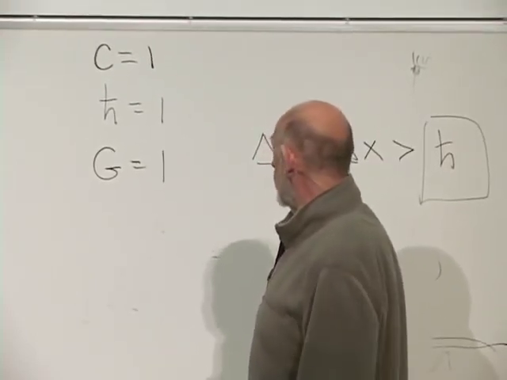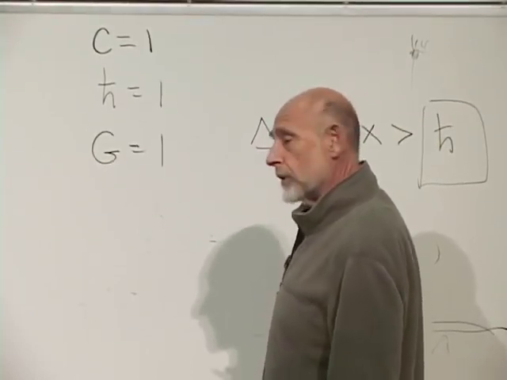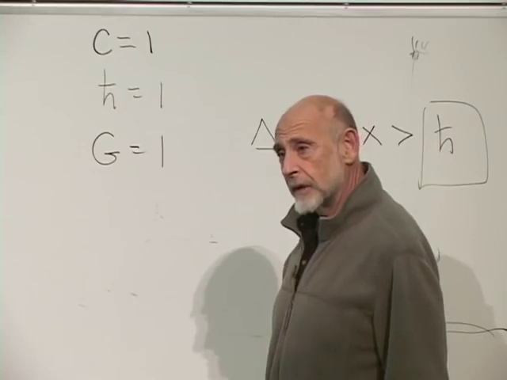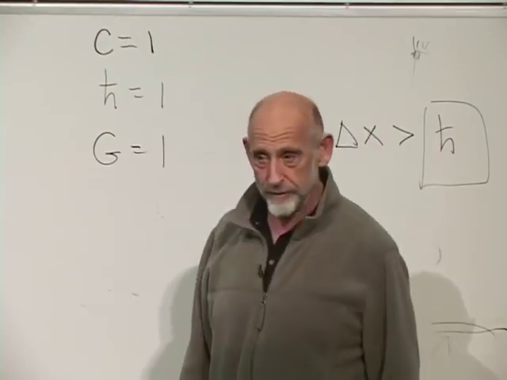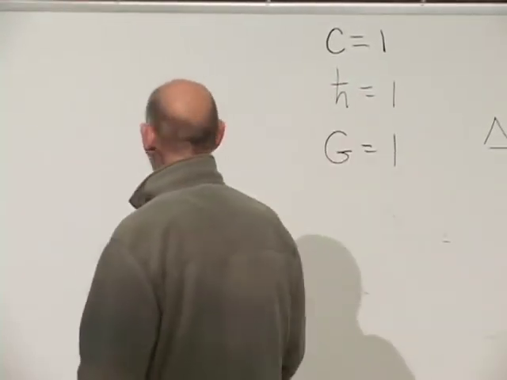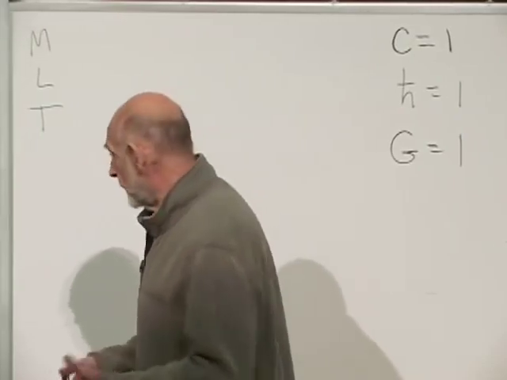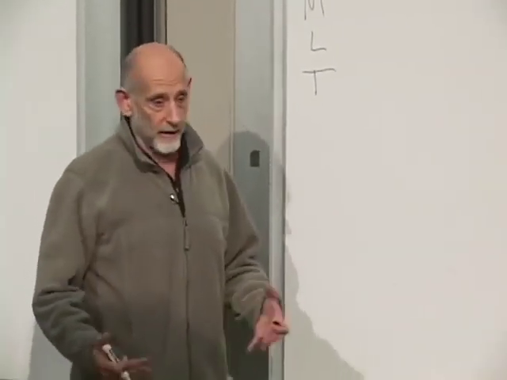Let's see. Let's do length. Tell you what, even better. Let's do length squared. Let's see if we can find a combination of g, h bar, and c which has units of length squared. Okay, so here's what we do. Just some simple dimensional analysis.